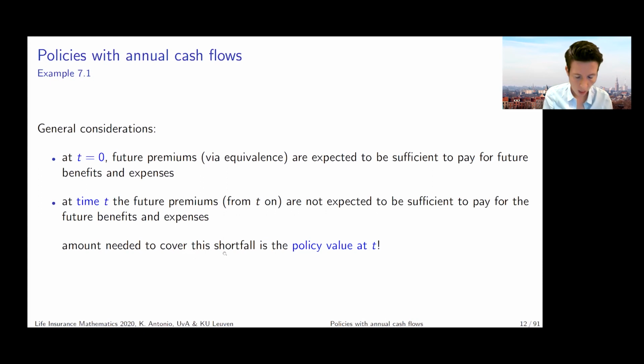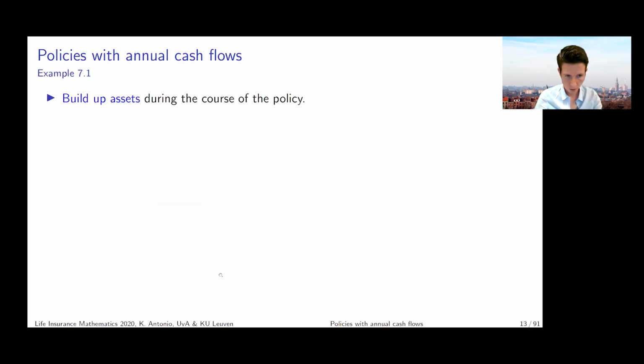That's why I'm ending up with a policy value at time t that is taking a positive value, right? If the policy value is positive, it means that I should hold this extra capital so that together with the premiums to be received, I have enough money to pay for my future benefits and expenses.